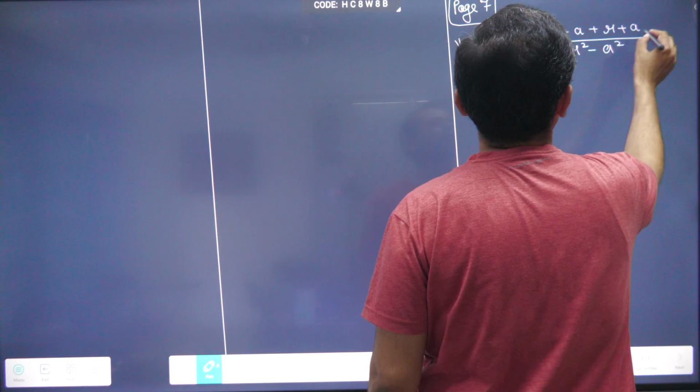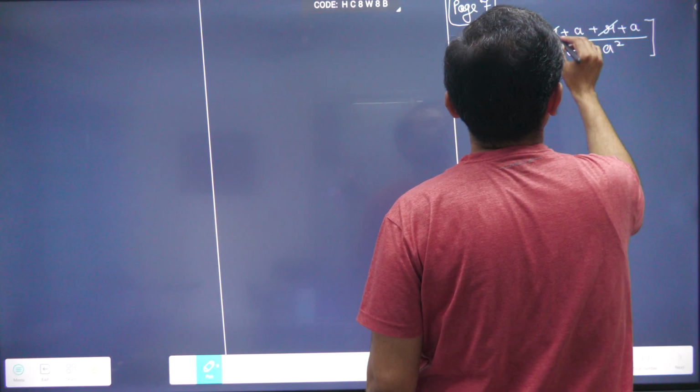R square minus a square, plus r minus r cancel out.